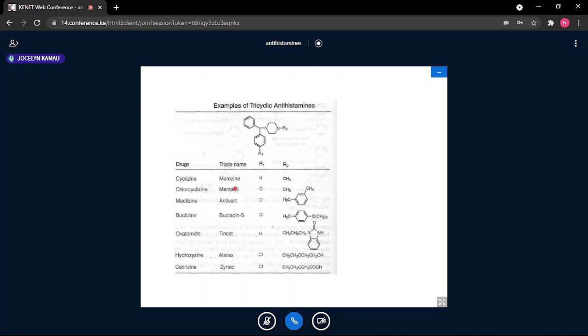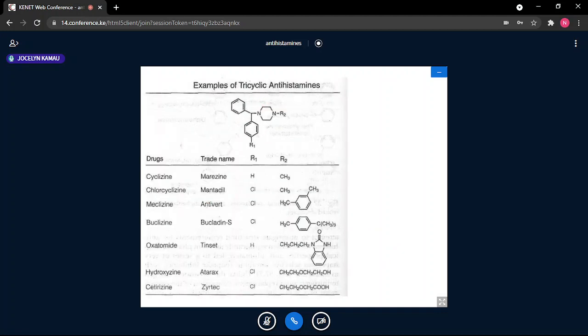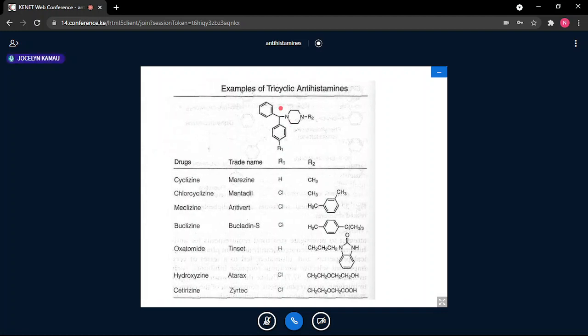So when we look at these drugs again, remember this is their general structure. They are piperazines. This is the piperazine ring. You can see this nitrogen is not directly attached to any of the phenyl rings.